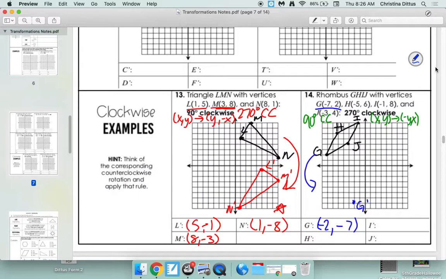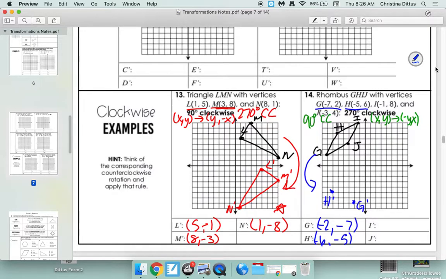Okay, my H of (negative 5, 6), flip it, it's going to become (6, negative 5). But that 6 needs to become negative. So (negative 6, negative 5). What are I's new coordinates?